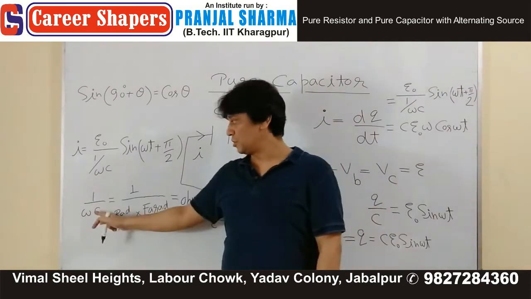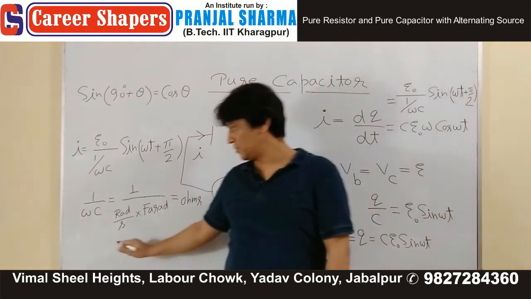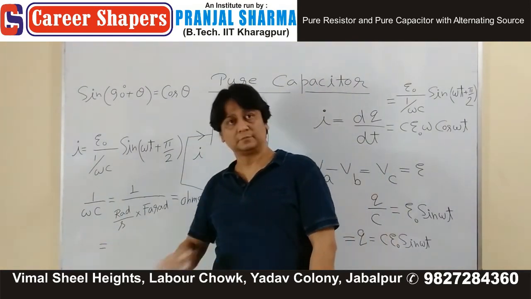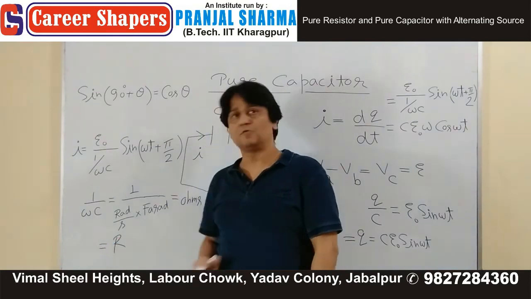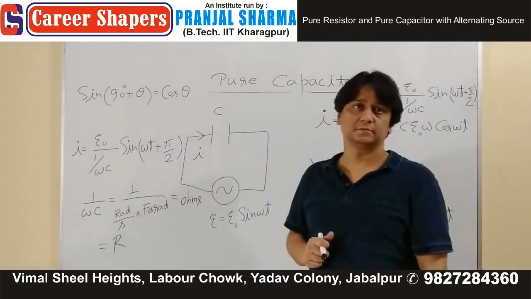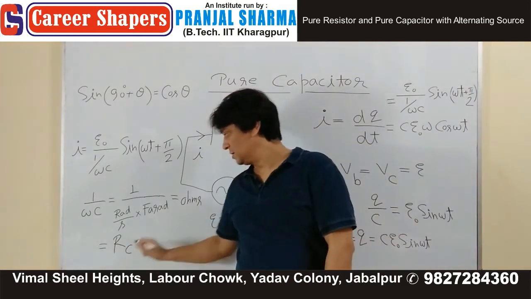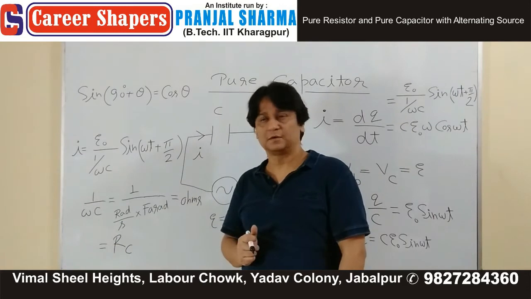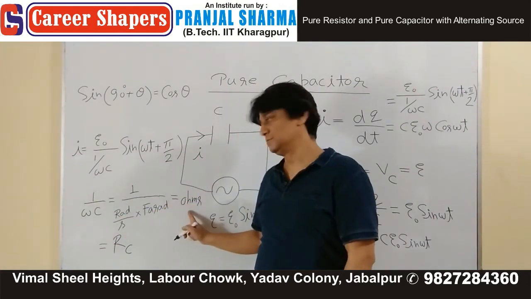What is 1 upon omega c? Ohms. That means 1 upon omega c is nothing but resistance, but resistance offered by a capacitor. 1 upon omega c is what? Ohms.